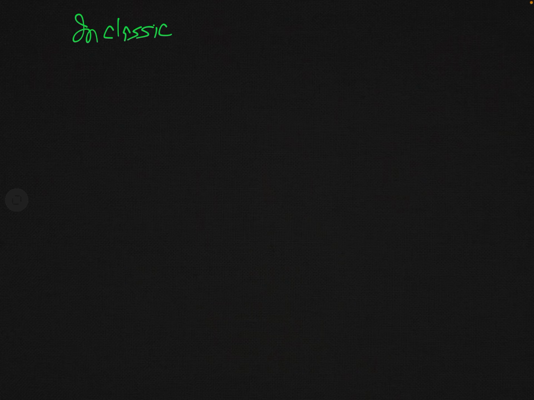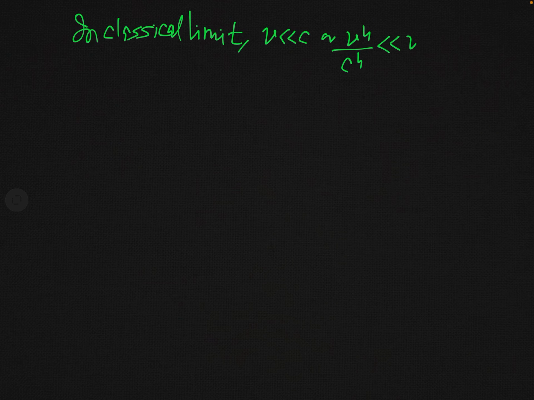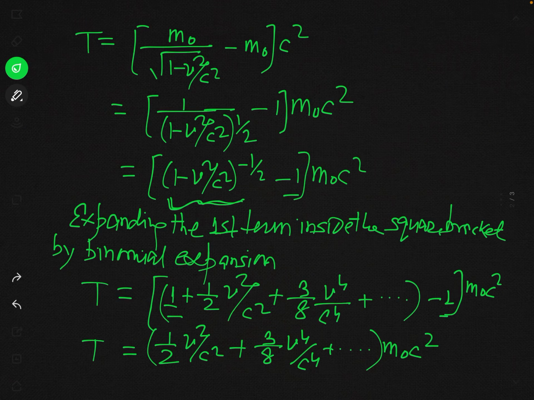And you know what the classical limit is. In the classical limit, v is much smaller than c, and so this term v4 by c4 will be much smaller than v square by c square.